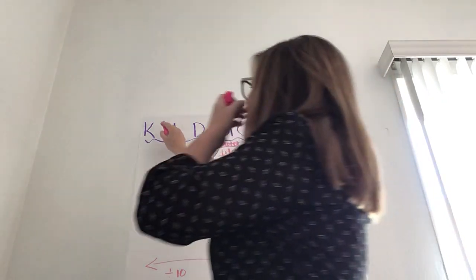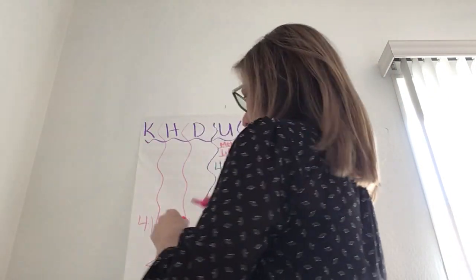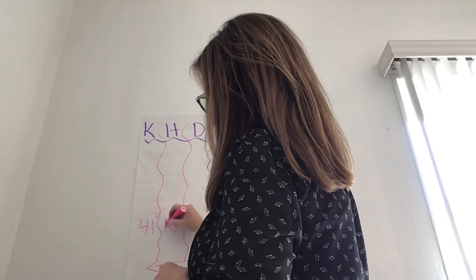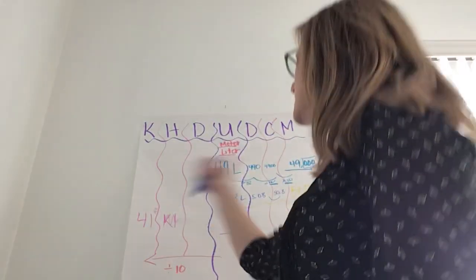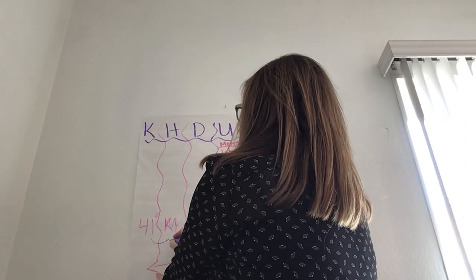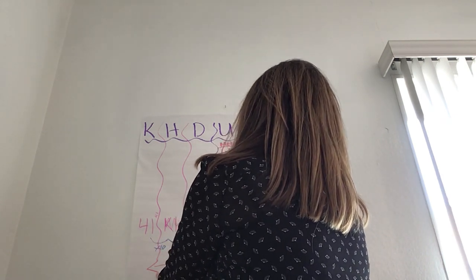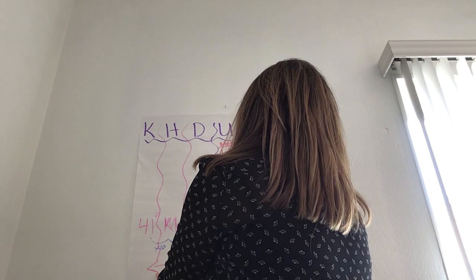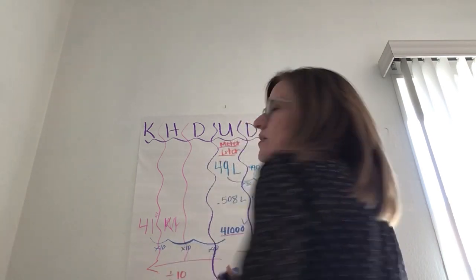Sorry, I wrote that KL under H. It should be KL, like that. So I am moving this way, 1, 2, and 3 times: times 10, times 10, and times 10. So I'm going to add 3 zeros: 41,000 liters.